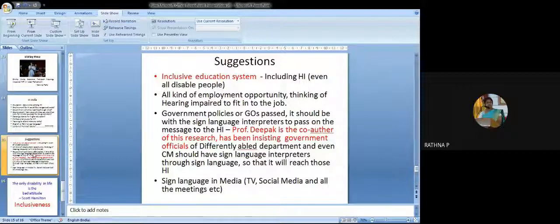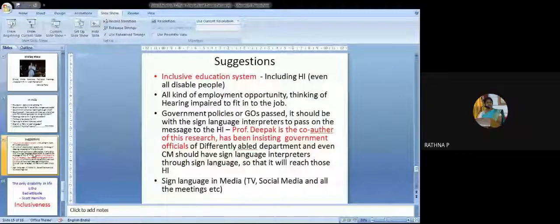My next suggestion is that government policies or GOs passed should be accompanied by sign language interpreters to pass on the messages to the hearing impaired. Professor Deepak, my co-author of this research, has been insisting to government officials of the differently abled department and even the CM that please have sign language interpreters with you.